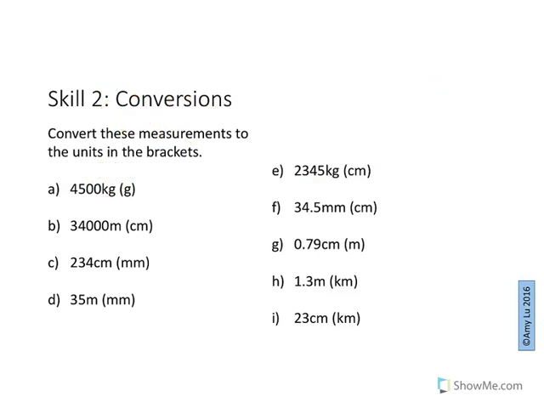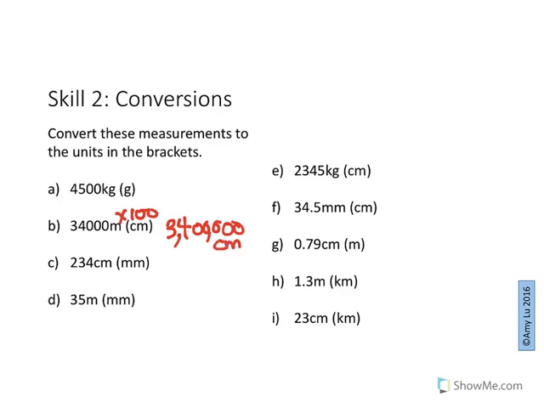Okay, let's continue. So we are converting 34,000 meters into centimeters. We know that we have to multiply this by 100. So this will make 3, 4, 1, 2, 3, 4, 5 zeros. So 3,400,000 centimeters.